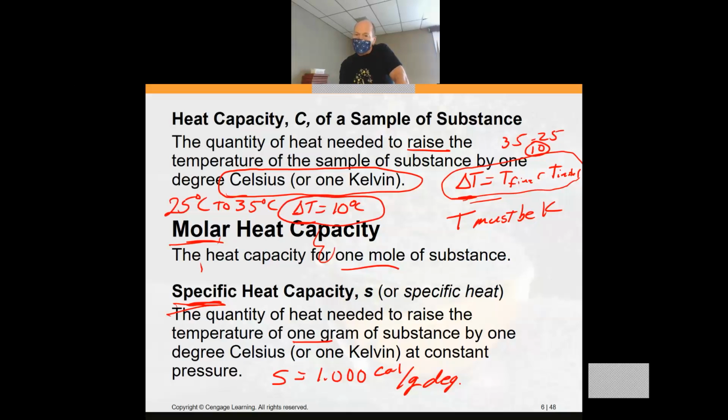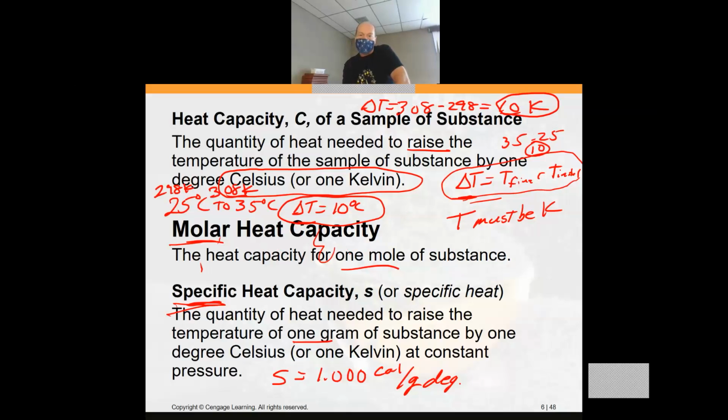But I told you, convert everything into Kelvin. So I see my 25, I get rid of it, and I change that to 298 Kelvin. I added 273. Then I get rid of my 35, and I have 308 Kelvin. So then I do my delta T, and I take my 308 minus my 298. I get 10 Kelvin.